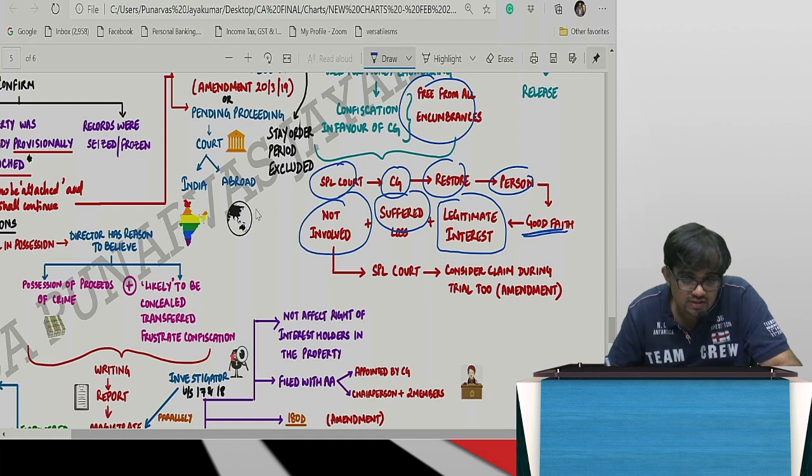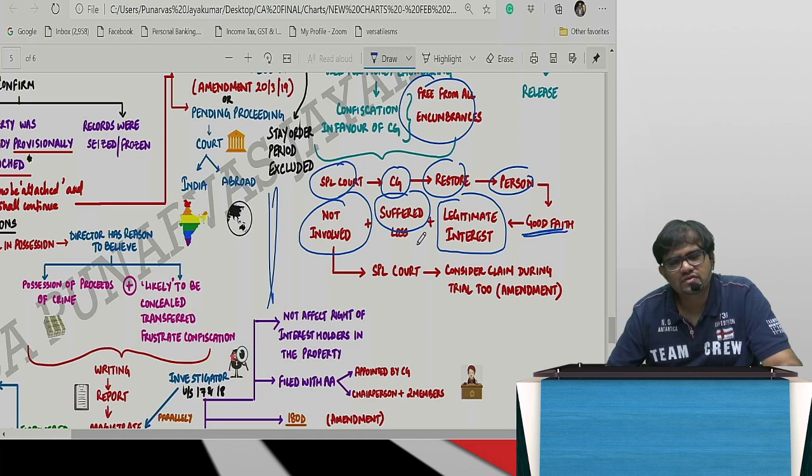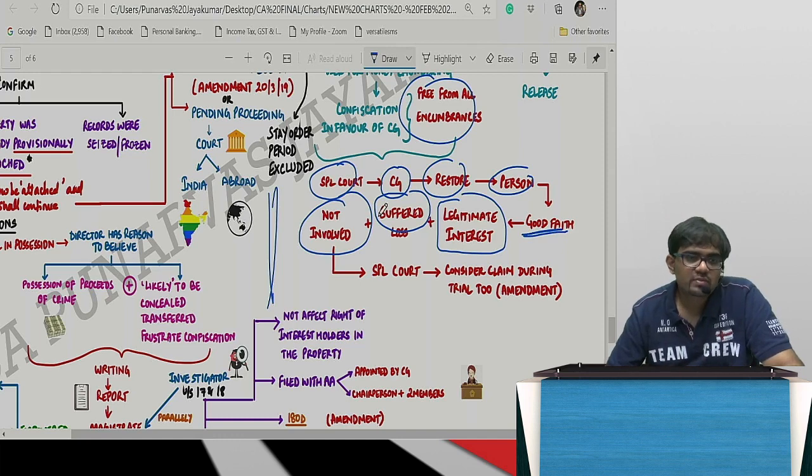She has to prove all these things. You have discussed that in FEMA. This part, section 5 and 8 of PMLA. We discussed this in PMLA, Section 5 and 8 of PMLA has to be written here.